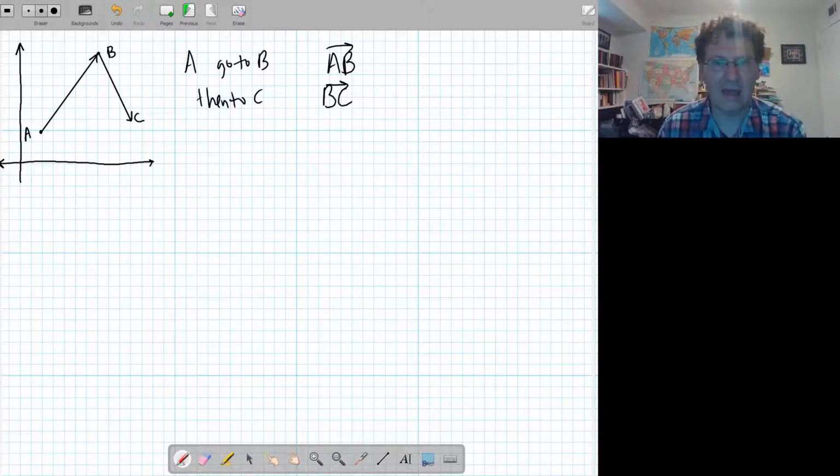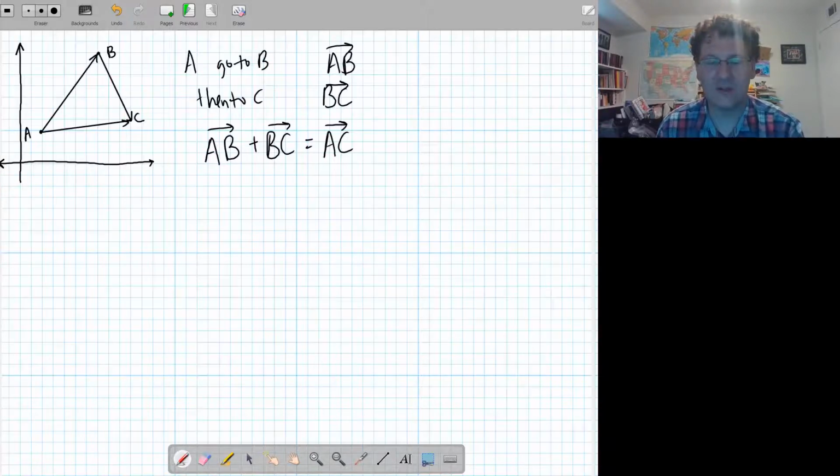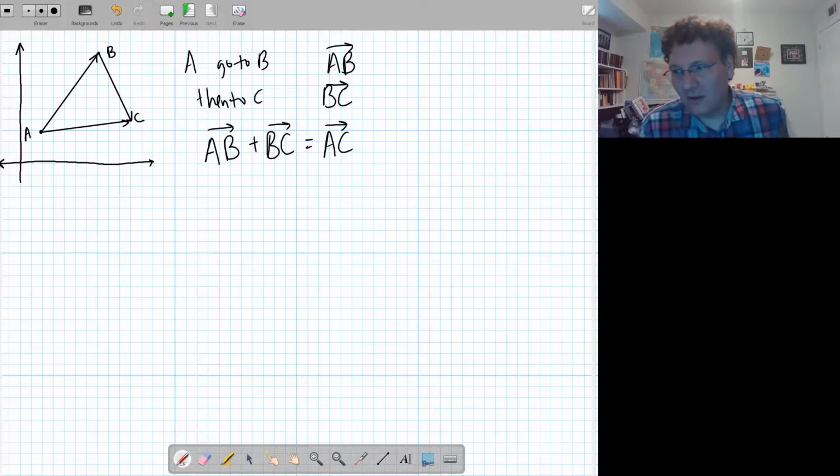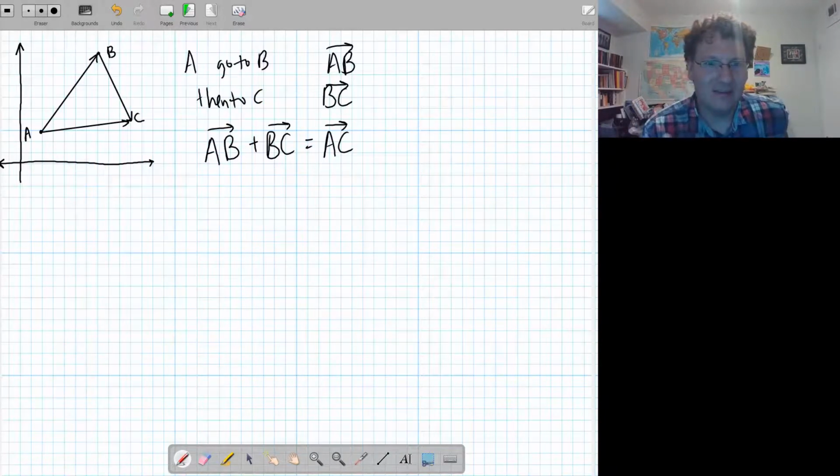The location we're at is the same as if we had started at A and gone to C directly. So this is the way vector addition works. AB plus BC is equal to vector AC, because we care about the starting point and the end point, the net direction and magnitude.